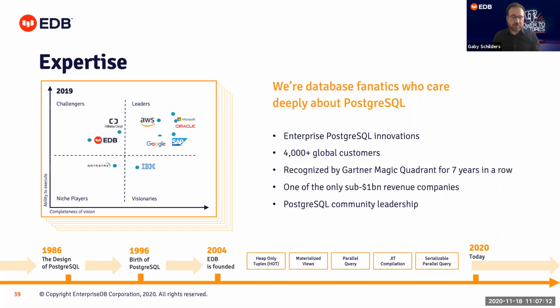But it has become the de facto open source relational database, and one of the few databases that is capable of handling almost any type of workload that a database can handle, including things like NoSQL workloads, key value store, geographical workloads. And with those, we have cemented our existence in the Gartner Magic Quadrant for a lot of years now.